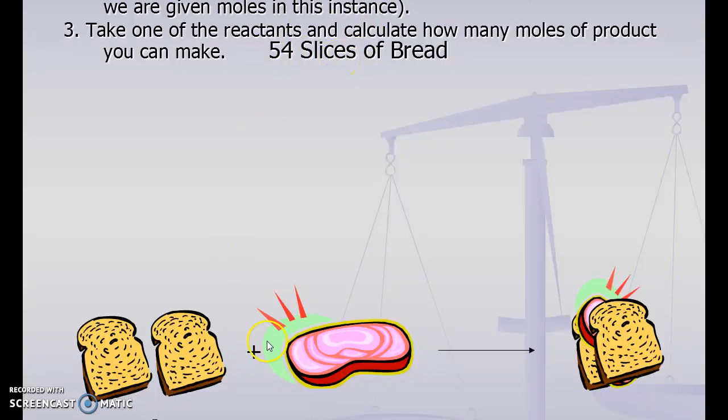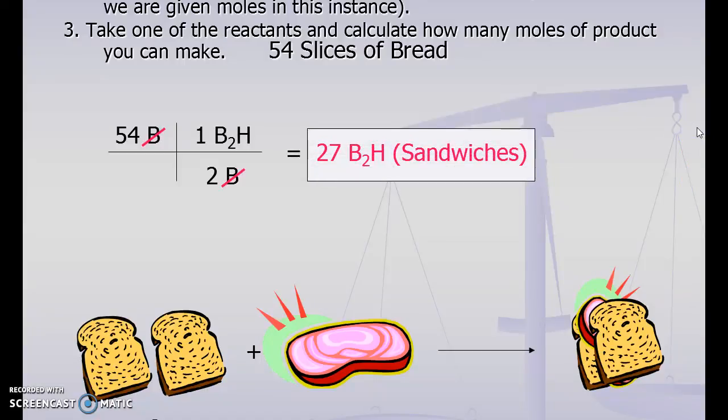And I'm going to have a second problem where I take this part of my reaction, the mole ratio here, and cross compare it to the mole ratio of my product. And that will be with the 40 slices of ham. Okay, so our first statement was the 54 slices of bread. So 54B, and my ratio is for every full sandwich I have, it requires 2 slices of bread.